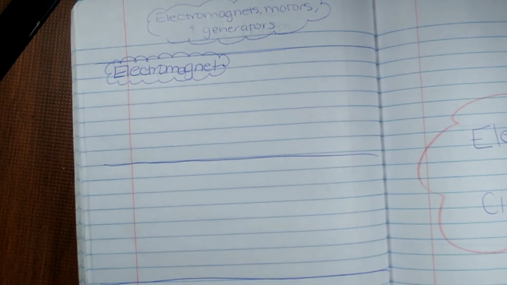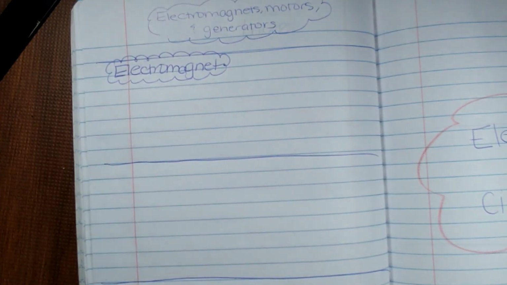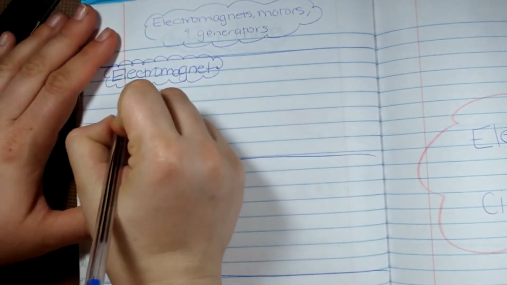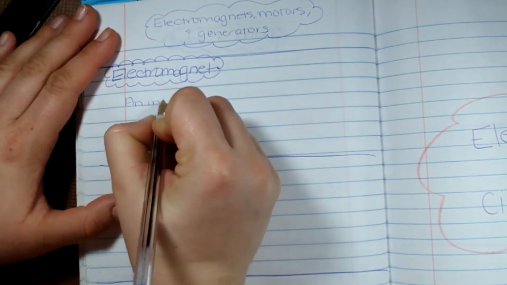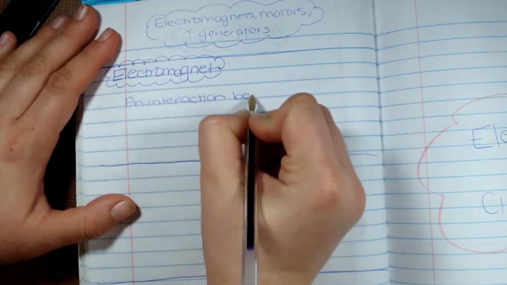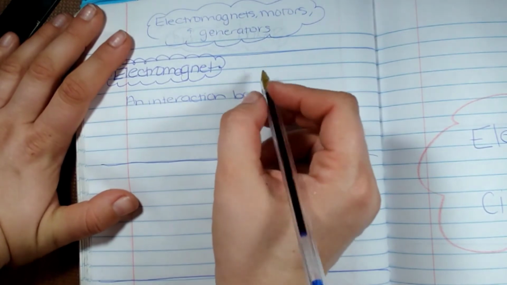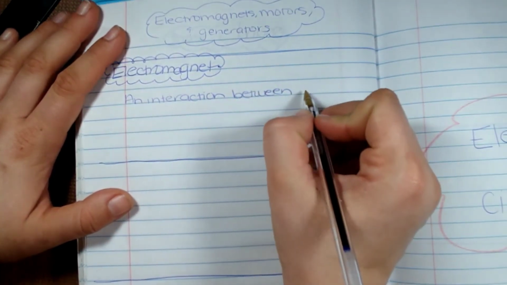So basically, what an electromagnet is, is an interaction between an electric current and wires, using electric currents to produce magnetic fields around wires.